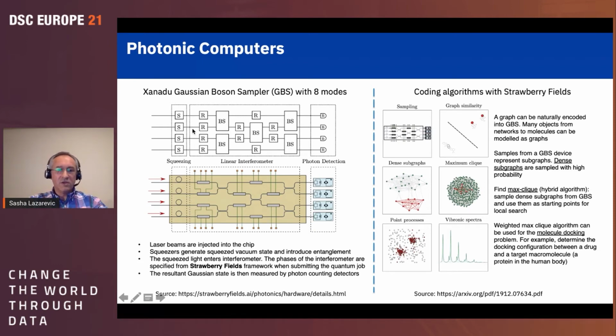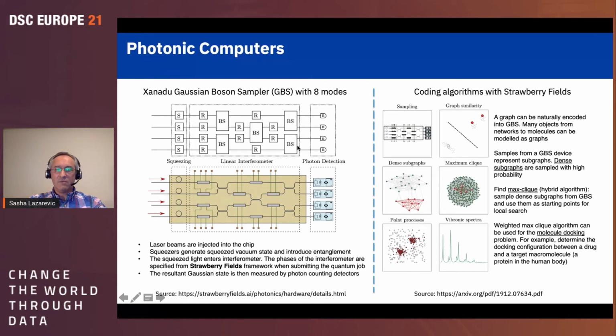So here you see how it works. The laser beams are entering this photonic computer. They enter this squeezer, which introduces the entanglement. Then they enter this linear interferometer. These are rotators and beam splitters. These are hardware components, but they are programmable hardware components.